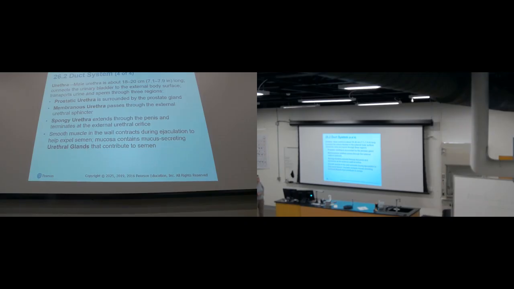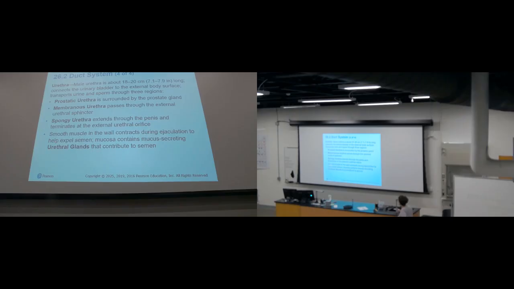And then if you remember, the regions of the urethra are the prostatic urethra, surrounded by the prostate gland; the membranous urethra, surrounded by the external urethral sphincter; and then the spongy urethra, which is located inside the spongy body of the penis, which is the longest part of the urethra in males.